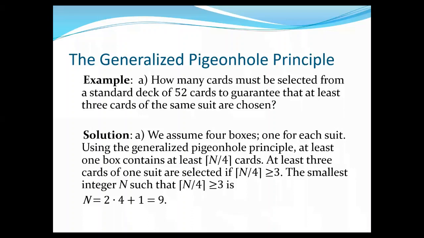Originally we have 2, and on the 9th card we have a heart, so it means we have 3 cards from the heart suit. So the worst case scenario to get 3 cards of the same suit is drawing 9 cards. It will definitely get 3 cards of the same suit on the 9th card.